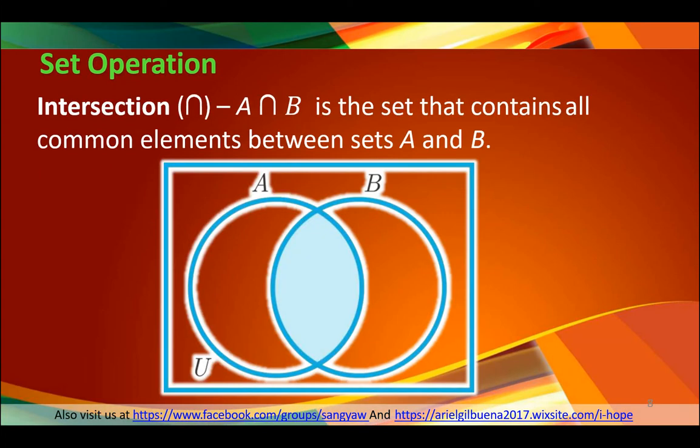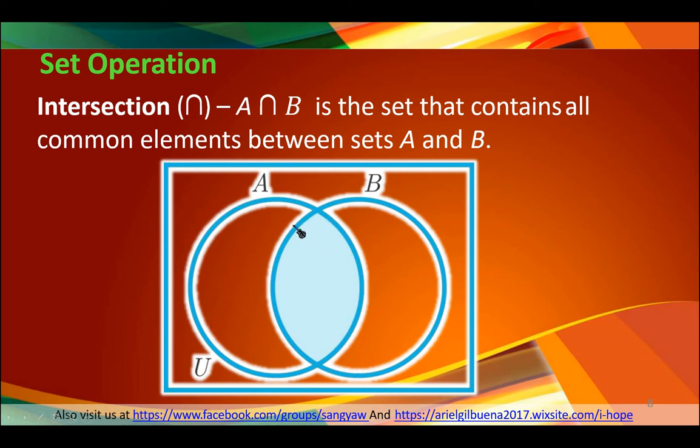Now, let's go with intersection. Ito naman po yung symbol ng intersection. Baliktad na U. A intersection B is the set that contains all common elements between sets A and B. So, ang titingnan po natin dyan, ano yung magkatulad sila?